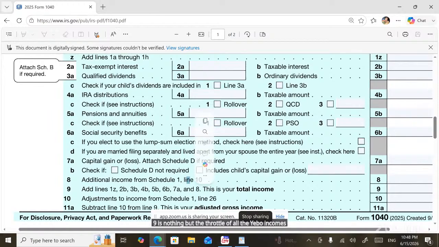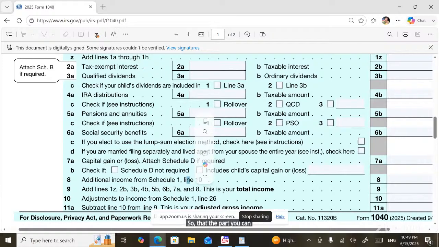Again come to line number 10, adjustments to income from schedule 1. What is the meaning of adjustments to income from schedule number 1? You need not pay tax on all types of incomes. The department allows us some kind of concessions, so that part you can deduct.